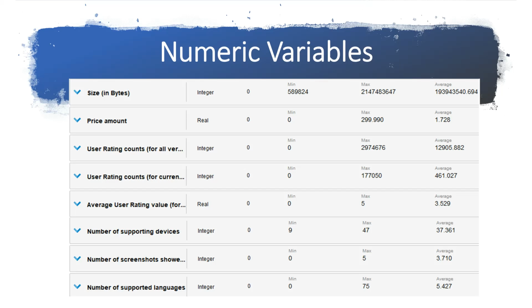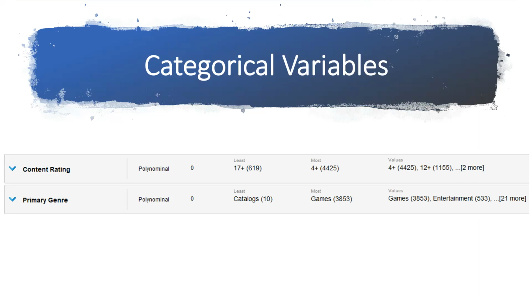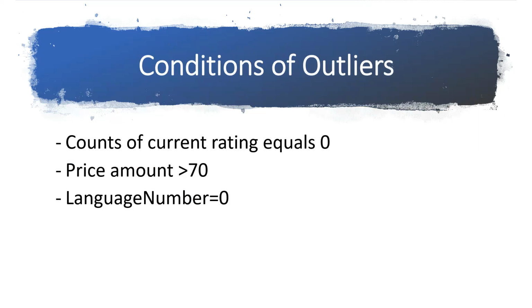They are size, price amount, user rating count for all versions, average rating count for current version, average user rating value for all versions, number of supporting devices, number of screenshots showed, and number of supported languages. There are 2 categorical variables: content rating and primary genre.